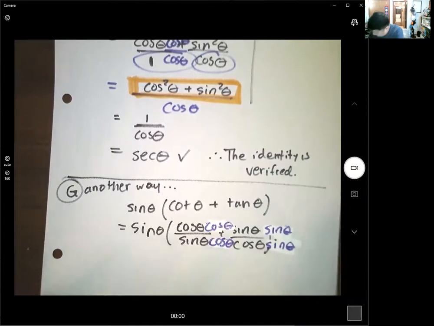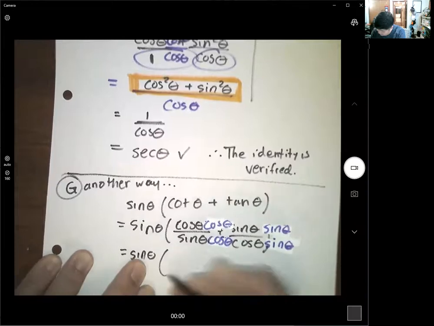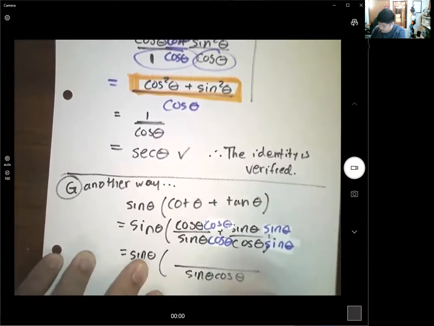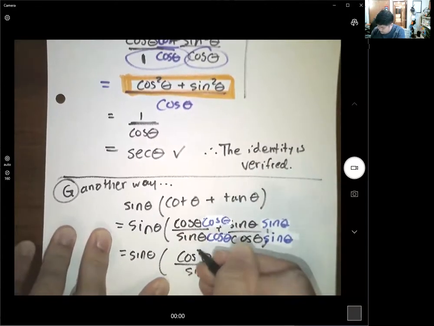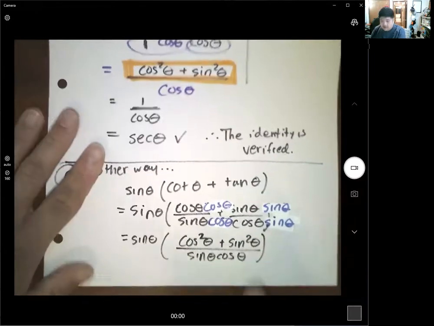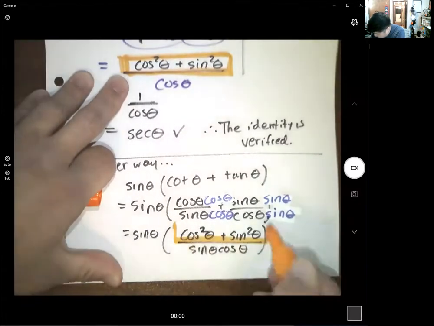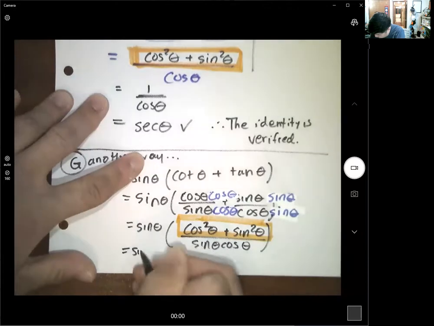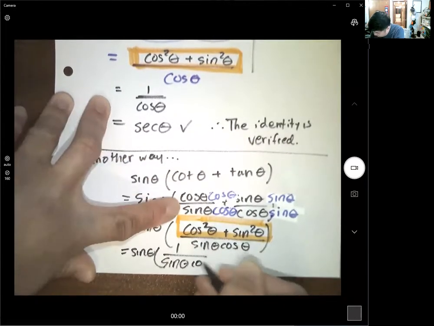So now the denominators are both going to be sine theta cosine theta. Then we have cosine of theta times cosine of theta, cosine squared theta, and then sine of theta times sine of theta is sine squared theta. Then that in the numerator is still a Pythagorean identity, which is equal to 1. So now we have sine of theta times 1 over sine of theta cosine of theta.